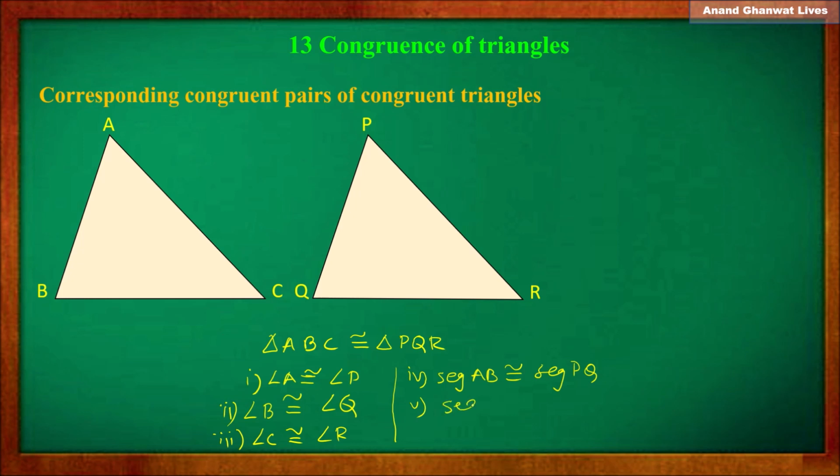Next, segment BC is congruent with segment QR, and segment AC is congruent with segment PR. So when two triangles are congruent, the 6 corresponding components, elements, are also congruent.